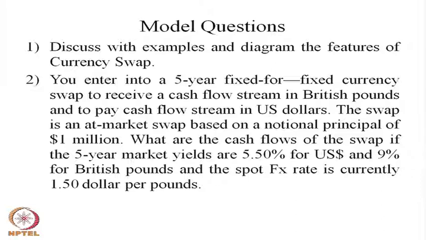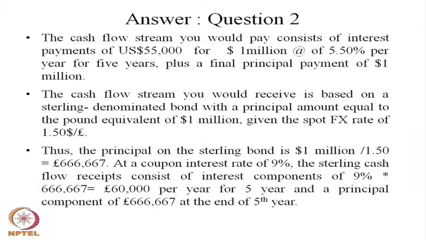What is the process involved? The cash flow stream you would pay consists of interest payment. So, interest on 1 million at 5.5% in US dollar is $55,000 for 5 years, plus the principal amount of 1 million.